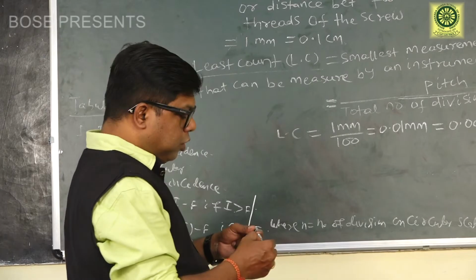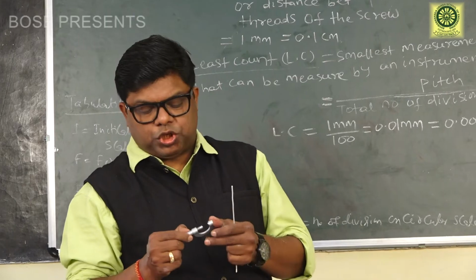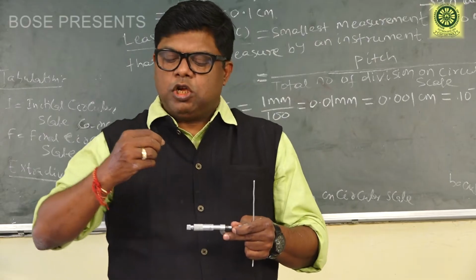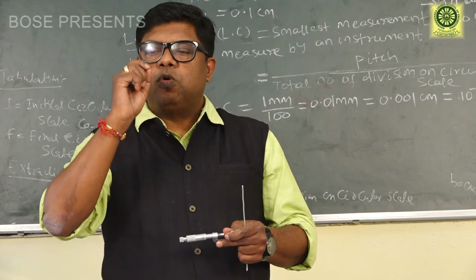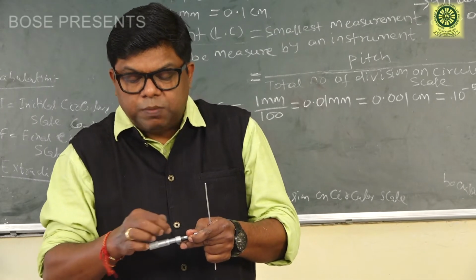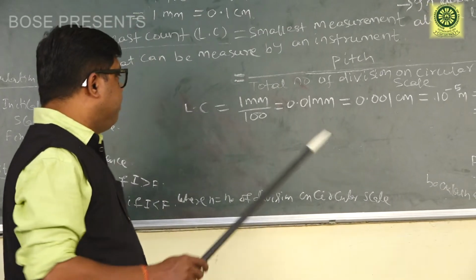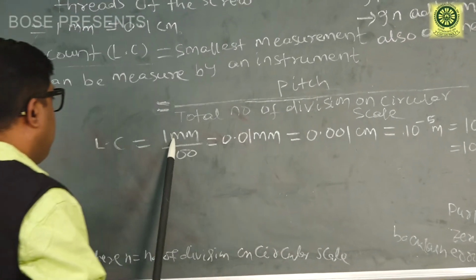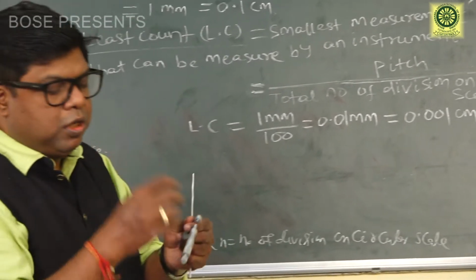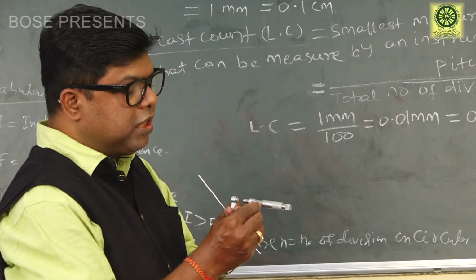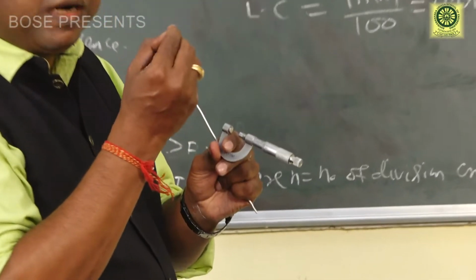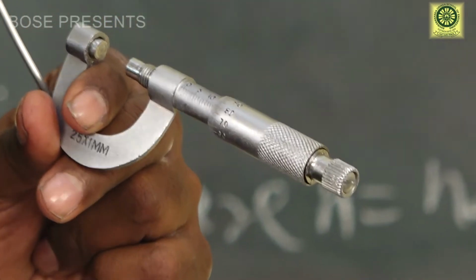If you rotate the circular scale once, the linear distance travelled along the pitch scale is 1 millimeter, because it goes one division on the main scale. So the pitch is equal to 1 pitch scale division, which is 1 millimeter.